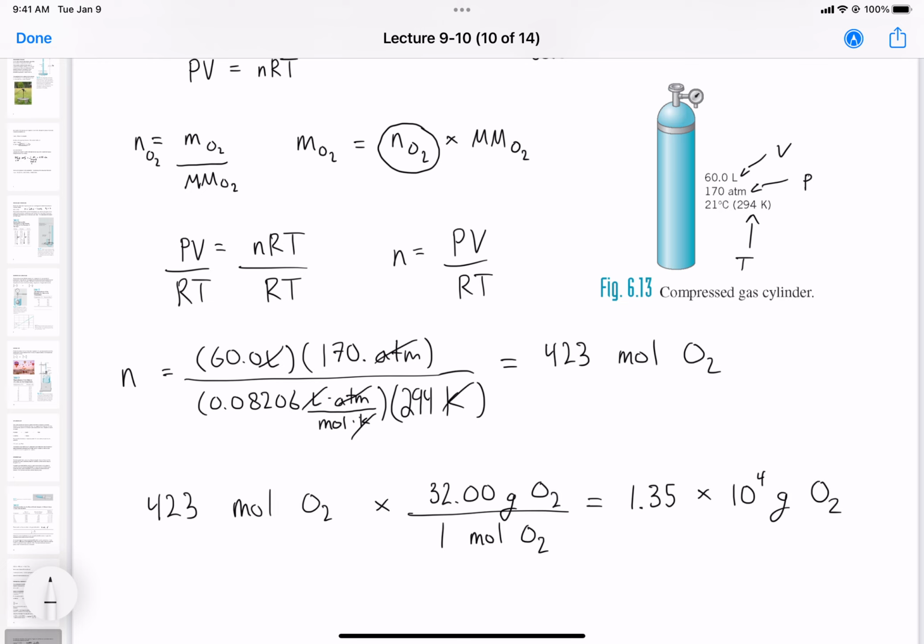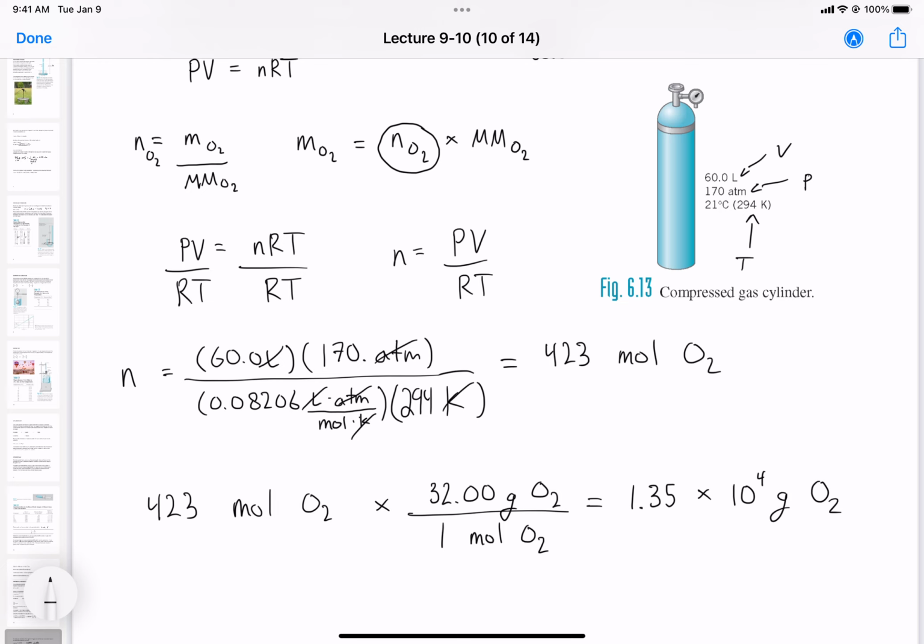Everything has 3 sig figs: liters, pressure, and then for the temperature, we're looking at the Kelvin value. So we count how many sig figs are there before the decimal, because that's how we would consider the sig figs in terms of the conversion from Celsius to Kelvin. So it should be 3, no decimal places, so 294.